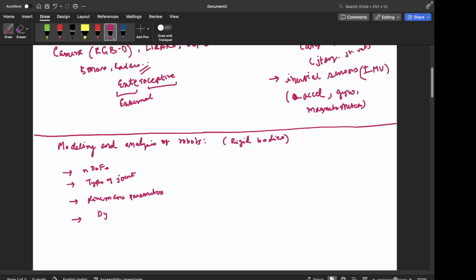And then we need dynamic, or I should write, inertial parameters.